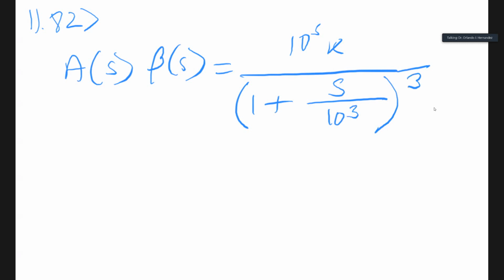We have the pole of the A network and we have 2 poles in the beta network. We're told that. So that's why we have 3 poles here. Okay?